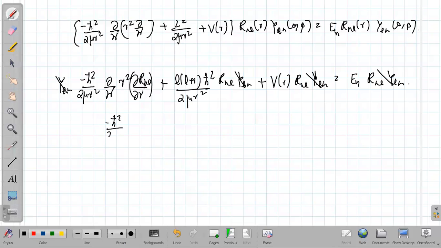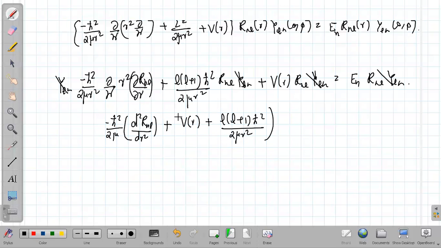Our simplification becomes minus h bar square by 2 mu, d square of r R_nL by dr square, plus V of r plus L into L plus 1 h cross square by 2 mu r square times, okay, there is a small correction here, d square of r into R_nL, times r into R_nL of r gives E_n times r into R_nL.